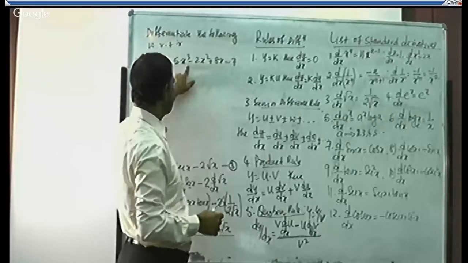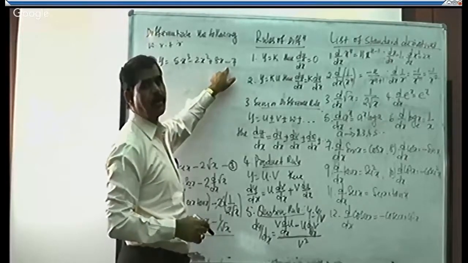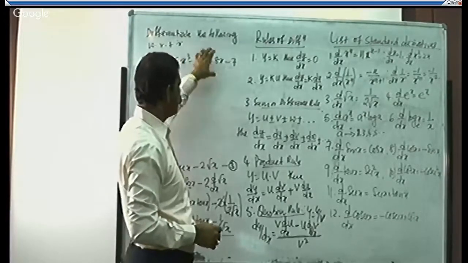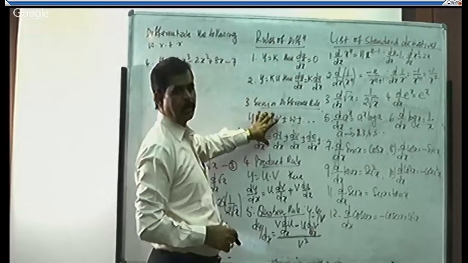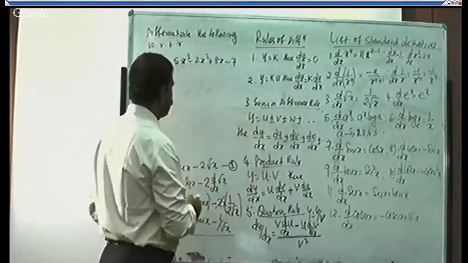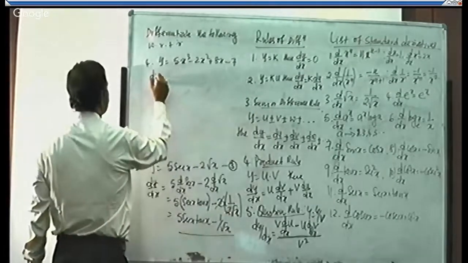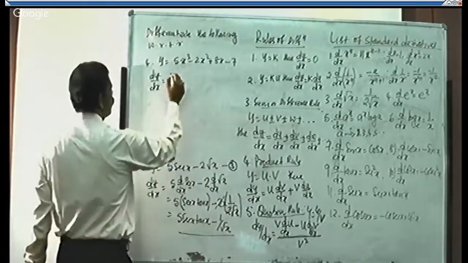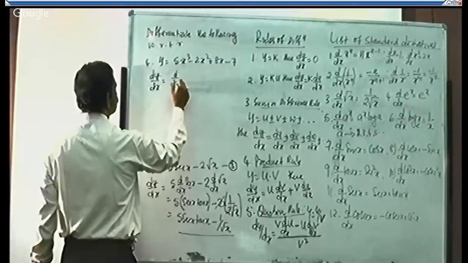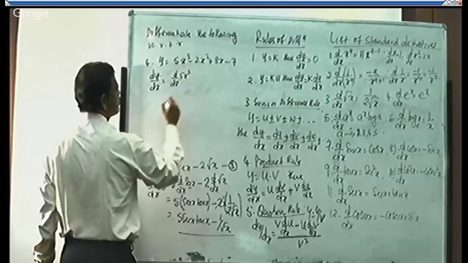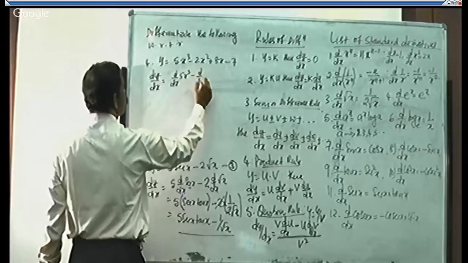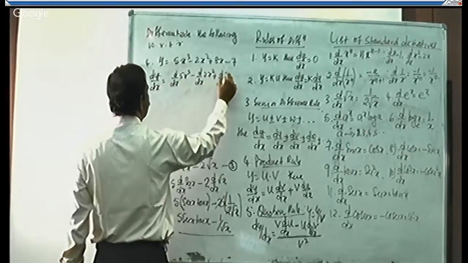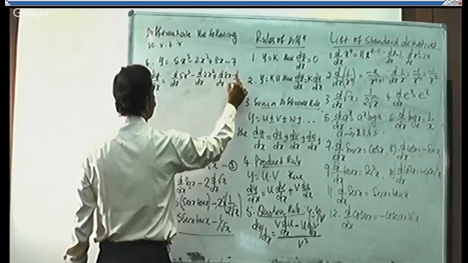They are connected by different signs, plus or minus. So it appears to be the third rule. Differentiate with respect to x. Then dy by dx of 5x cube minus dy by dx of 2x square plus dy by dx of 8x minus dy by dx of 7.